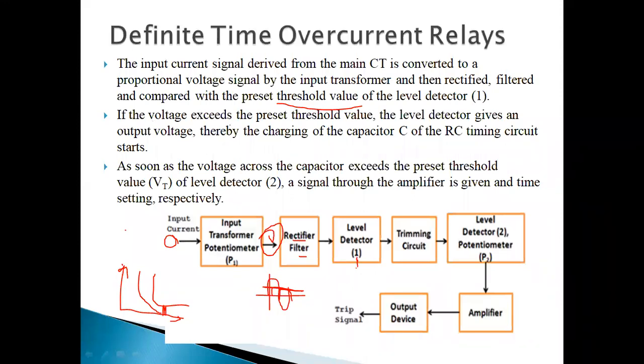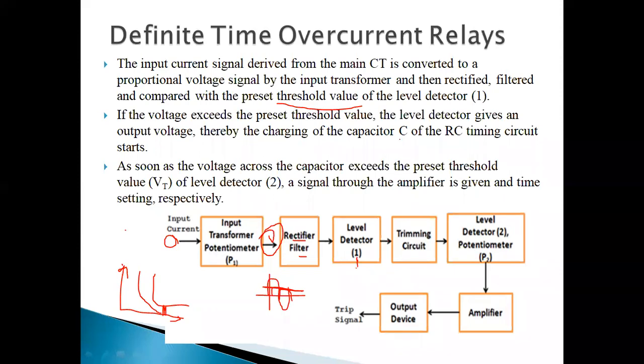Now if the voltage exceeds the preset threshold value, the level detector gives an output voltage. If this voltage exceeds that pickup value, then it will give the output voltage, and then and only then your relay will operate here.